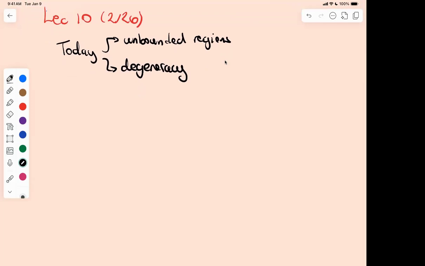Okay, so let's start with the unbounded regions. Let's start with an easy problem.